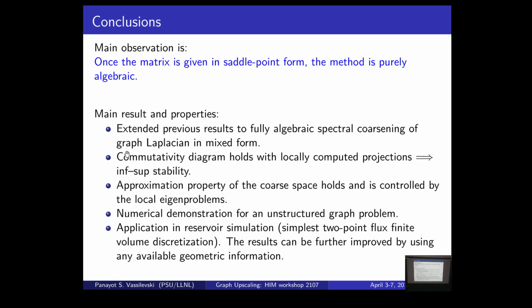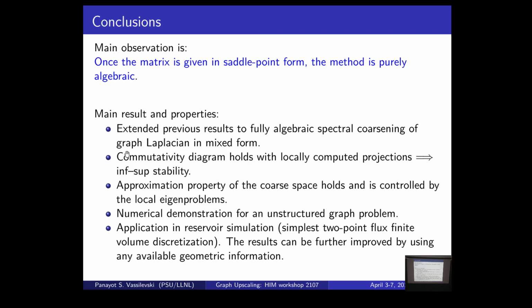So to conclude, if somebody gives a matrix in this saddle point form, everything else is totally algebraic. We don't need anything else. It's a kind of black box thing. The thing that we care about is how many eigenvalues, or eigenvectors, you can put.